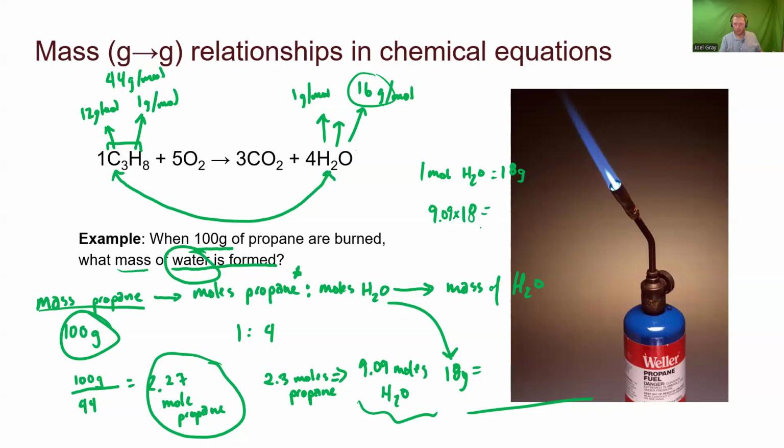Sparrow, it looks like your calculator, you missed a digit, because 9 times 8 is 72. 163.62. That is the total mass of H2O that's produced.